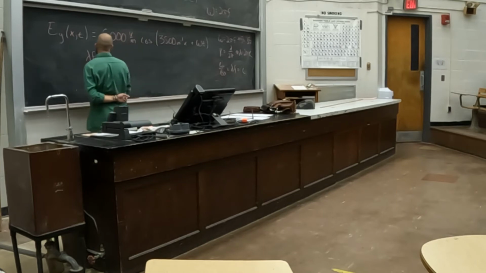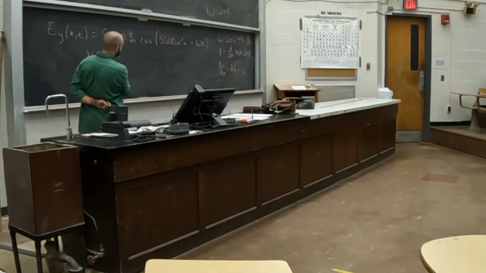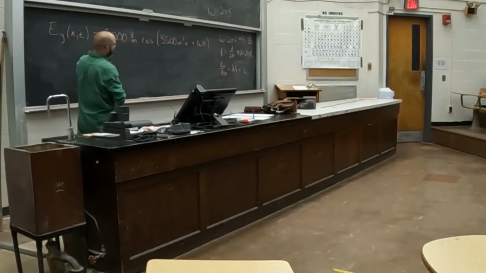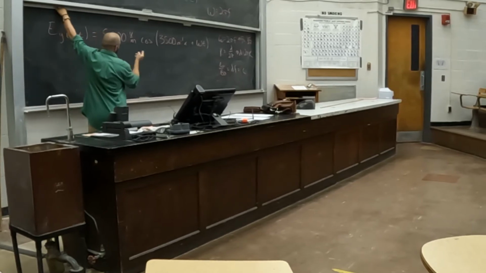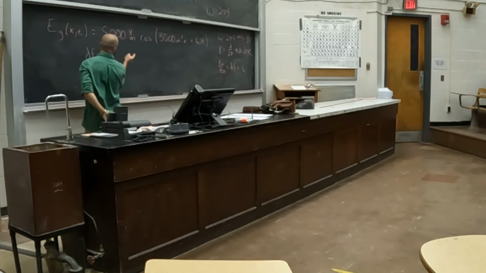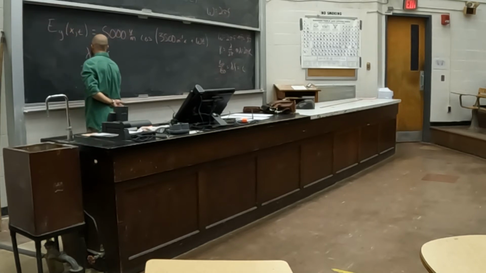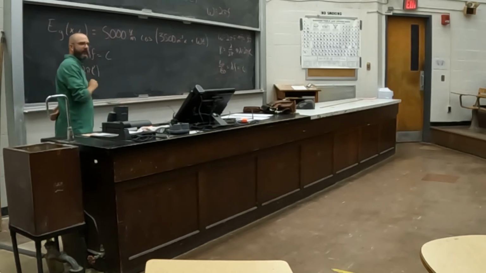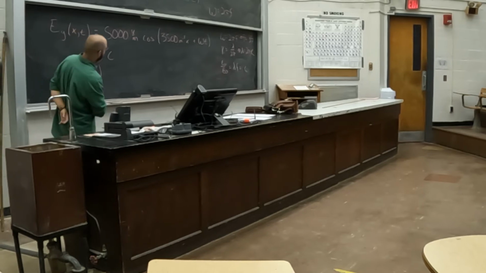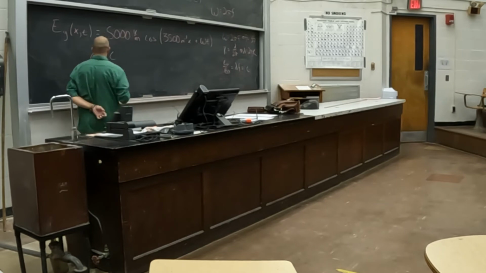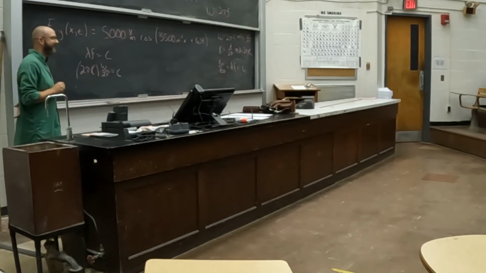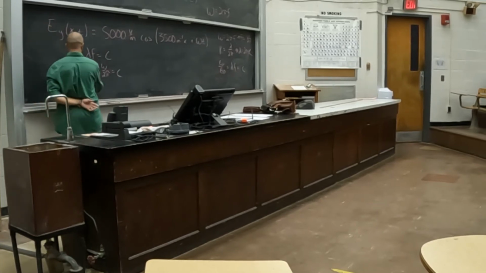If the frequency, the linear frequency, is omega over 2 pi, and the wavelength is 2 pi times the wave number k, I can put that in here. That's going to give me 2 pi k. That's the wavelength. Frequency is omega over 2 pi. That's nice. My 2 pi's are going to go away.